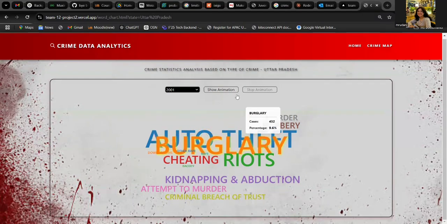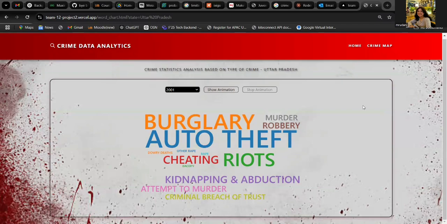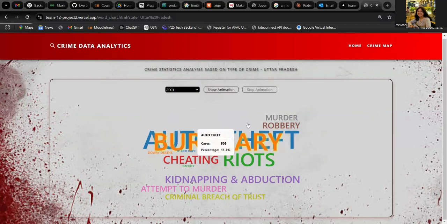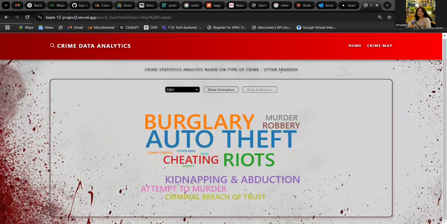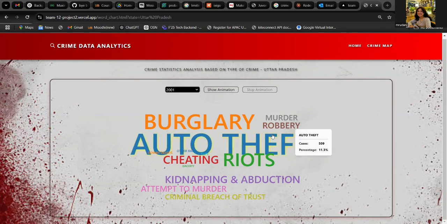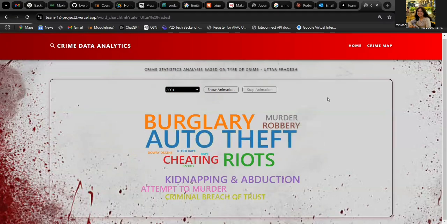As you can see here, there are different types of crime that occur, like burglary, auto theft, murder, robbery, rape, riots, etc. In this word chart, the size of the word is proportional to the percentage of that crime that occurs overall. For example, in Uttar Pradesh, auto theft is the most dominant type of crime, taking 11.3% of the total amount of crimes that occur in that state.